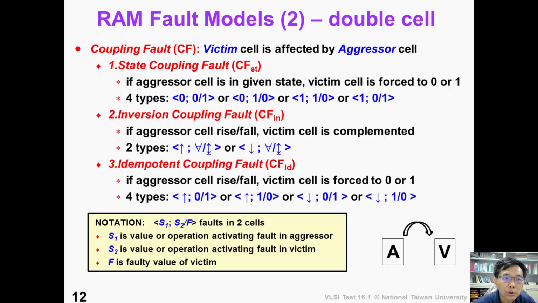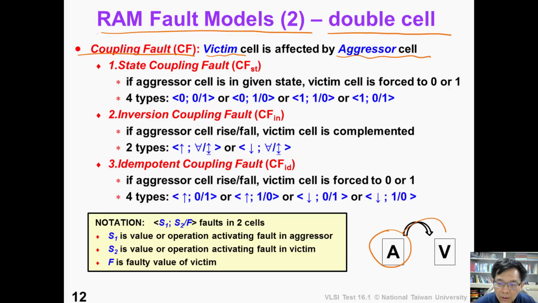Now let's introduce a more complicated fault model for double cell. The coupling fault, CF, has a victim cell and aggressor cell. The value in the aggressor cell can affect the value in the victim cell. This is why we call it a double cell fault model.